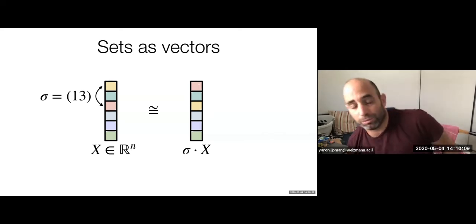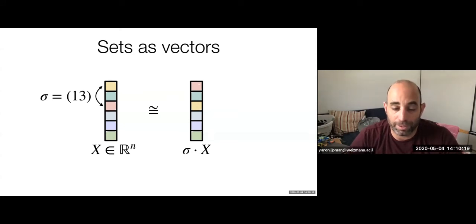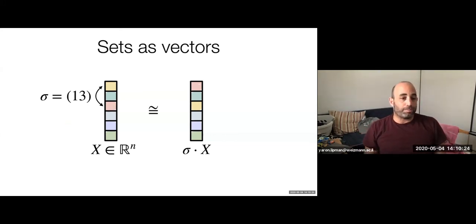In order to do that, we're going to think about an action of the permutation group on these vectors. For example, if you think about a vector in R^n, we have the permutation group S_n, which shuffles entries in this vector. So for example, take this permutation, where this notation means that the first element is going to move to the third, the third to the first, and everything else is going to be left in place. If we apply it to this vector x, which we denote by sigma dot x, it would switch the yellow and pink and leave everything else in place.